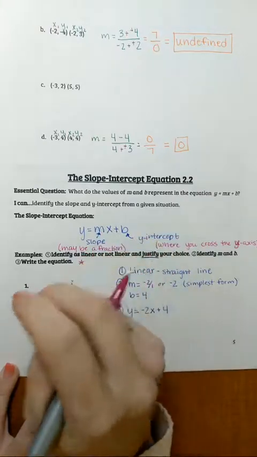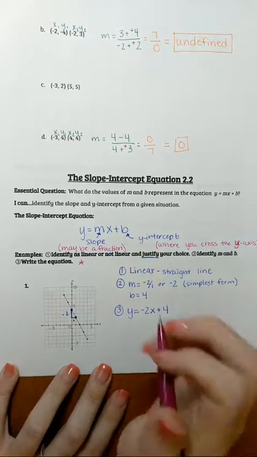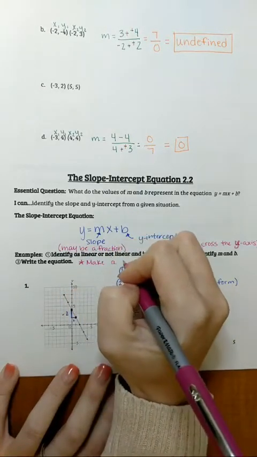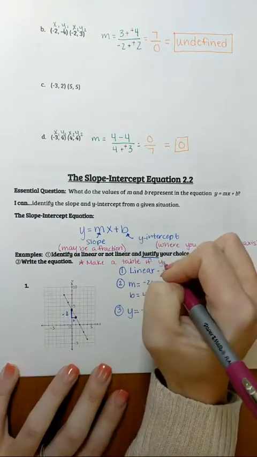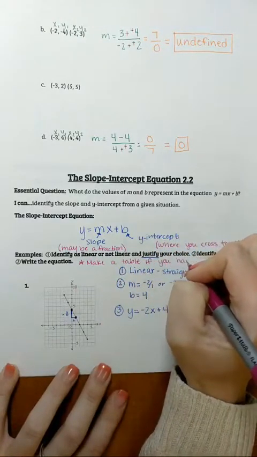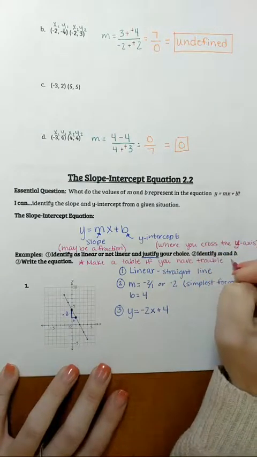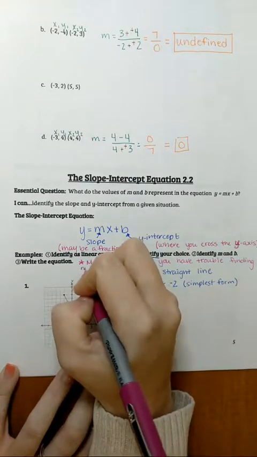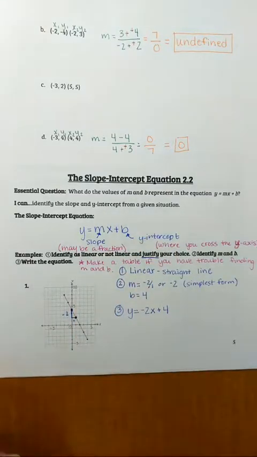If you're having trouble finding your m and your b value, make a table.